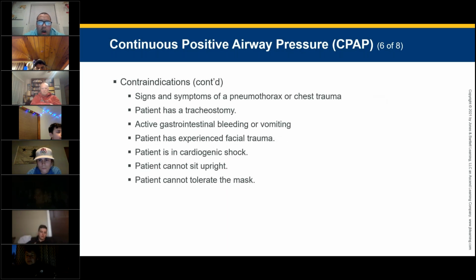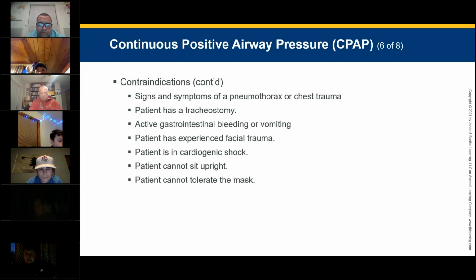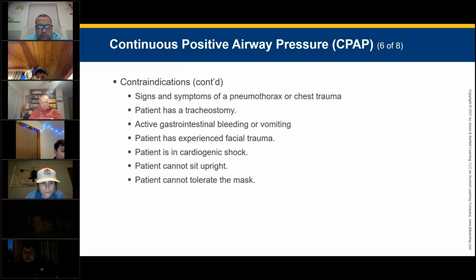Patients that have signs and symptoms of a pneumothorax or chest trauma. Patients that have chest trauma like this, we don't want to be increasing the pressure in their chest. It's going to cause more damage.